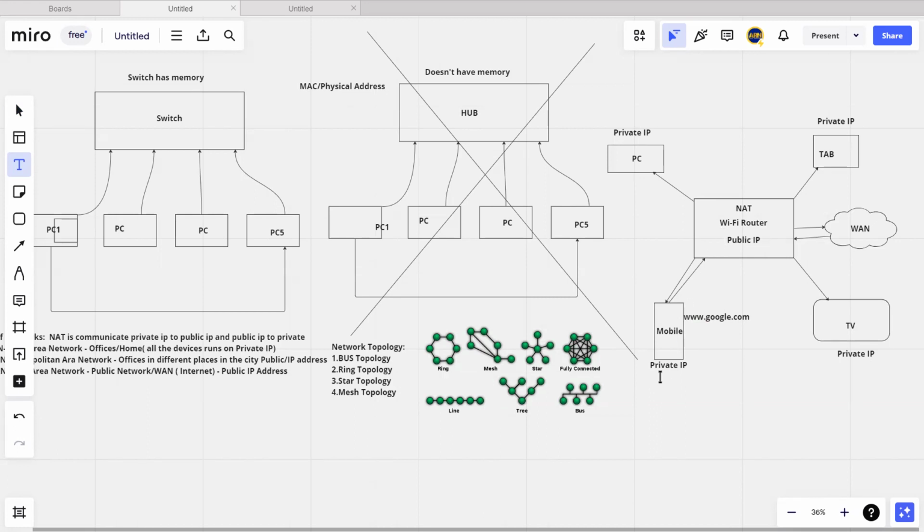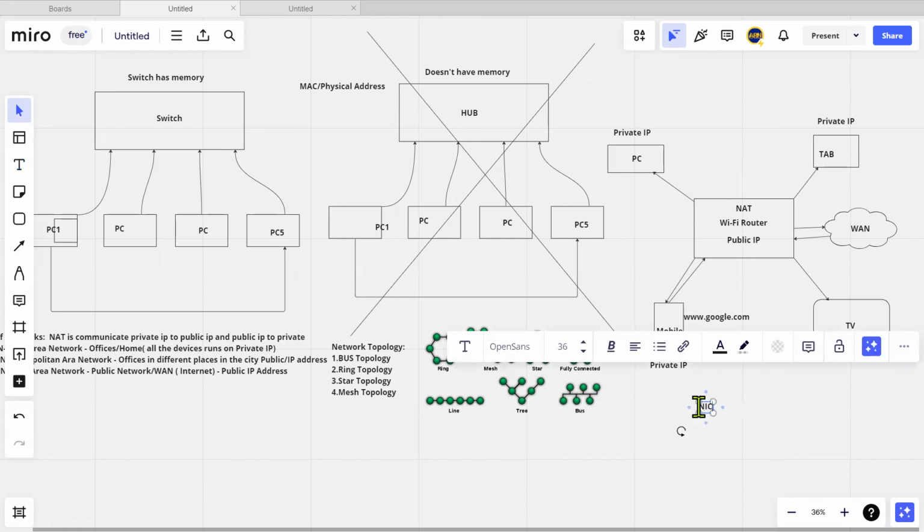Of course, we can connect over Wi-Fi, but Wi-Fi also needs a NIC card. Without the NIC card, we cannot get the internet. So for every device, we have a NIC card, network interface card.